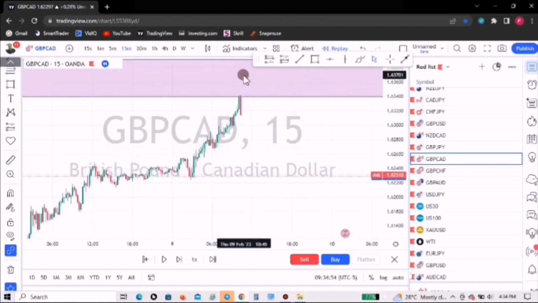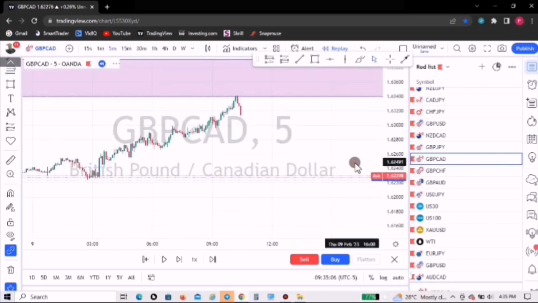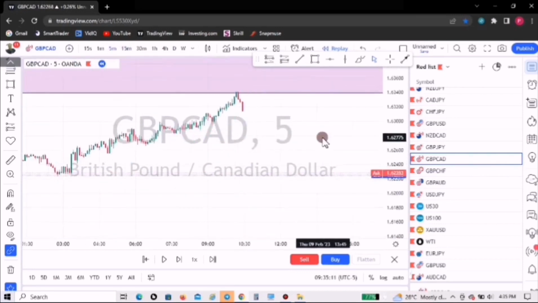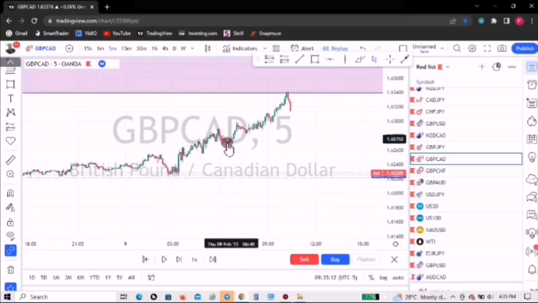You are still hoping that it closes above this so you can take a buy. If the trend is not clear, you switch to the 5-minute time frame. Now you can see that it's almost a clear trend. You can see the push up, push down, the higher highs and the lower highs of the market.